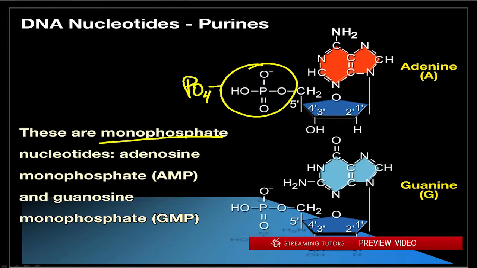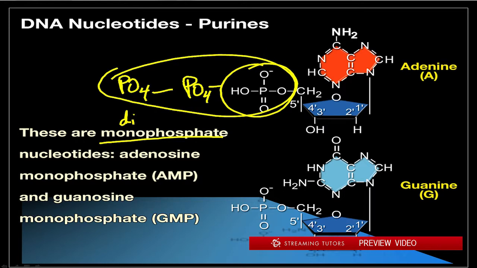There can be two of them stuck on, in which case this is a diphosphate version, and there can be even three of them stuck on. The chemistry isn't exactly correct, but then you would have a triphosphate situation. So nucleotides may be monophosphate, diphosphate, or triphosphate.